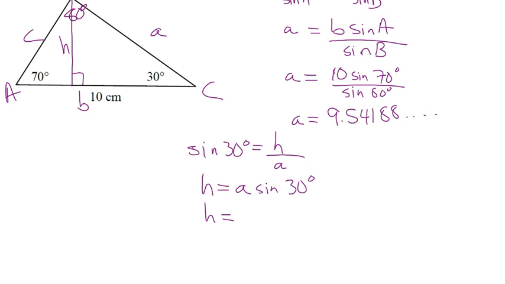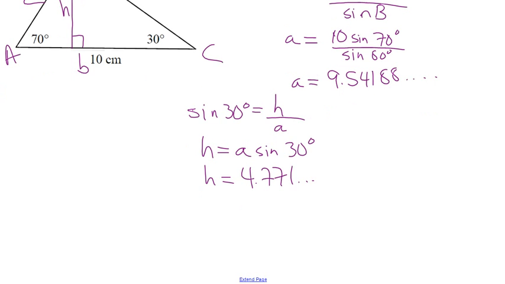Okay, so all you have to do in your calculator is go times sine 30, right? Which gives you what? 4.771. Okay, and what is it we were supposed to, I forgot, what are we doing in this? The area. Oh, the area, right?